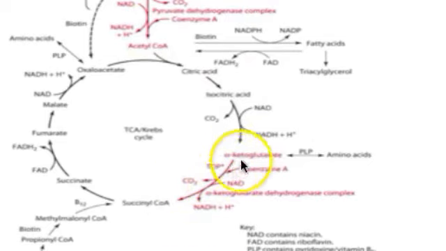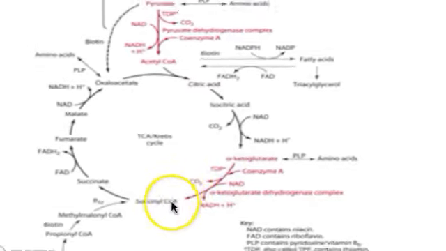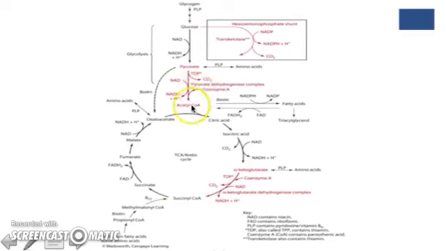So we see that alpha-ketoglutarate is a 5-carbon compound, and when we remove a carbon in the form of carbon dioxide, it's converted to the 4-carbon compound succinyl-CoA. So just like in the pyruvate dehydrogenase complex, in this alpha-ketoglutarate dehydrogenase complex, thiamine in the form of TDP is acting as a coenzyme to the enzyme catalyzing the reaction, alpha-ketoglutarate dehydrogenase.